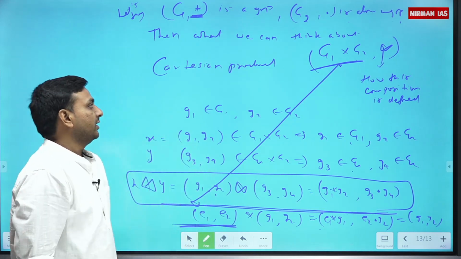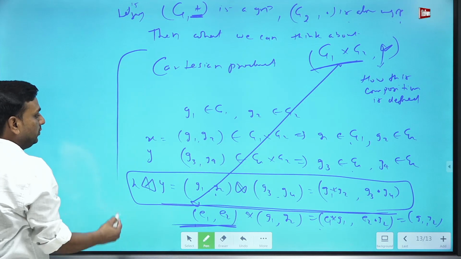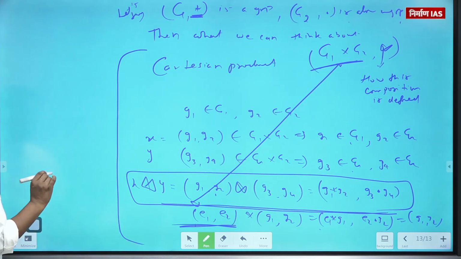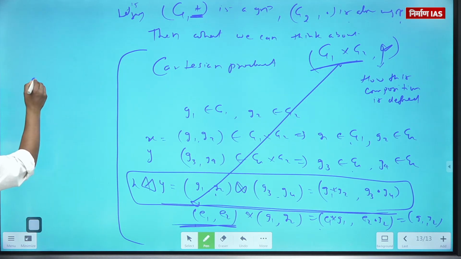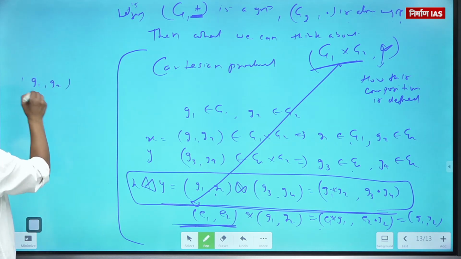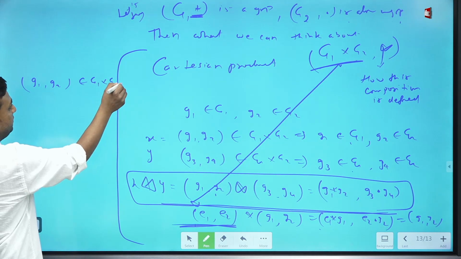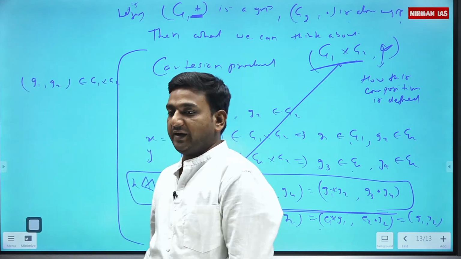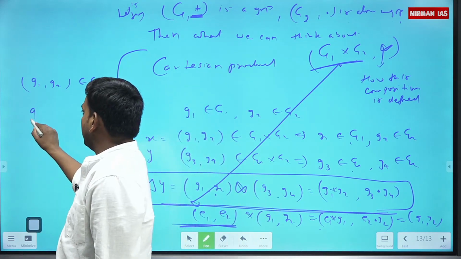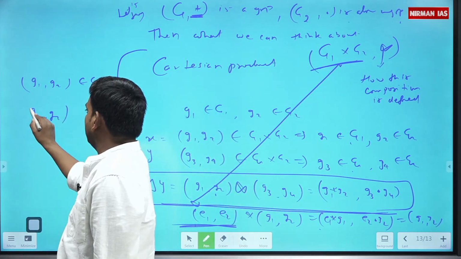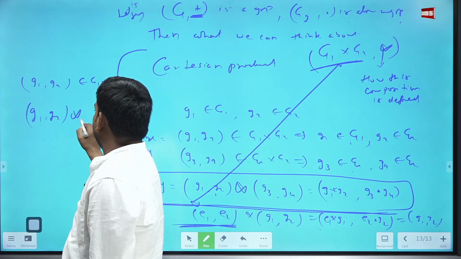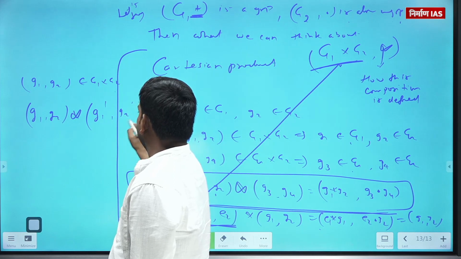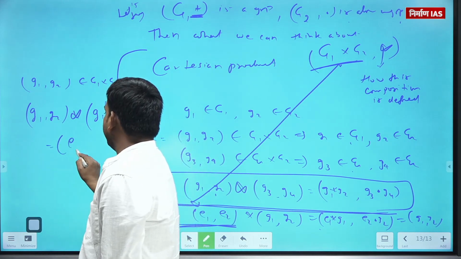Fine. So you can cross check about G1 cross G2. Let's say I have some element (g1, g2) belonging to G1 cross G2, and I want to know the inverse of this element. That means I want to get some element like (g1 dash, g2 dash) which gives me the identity element.